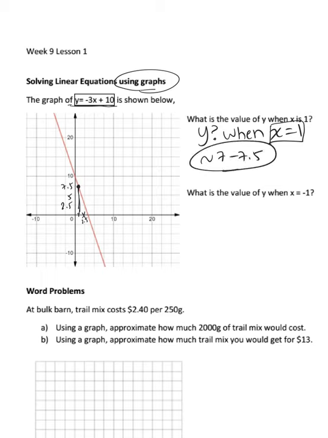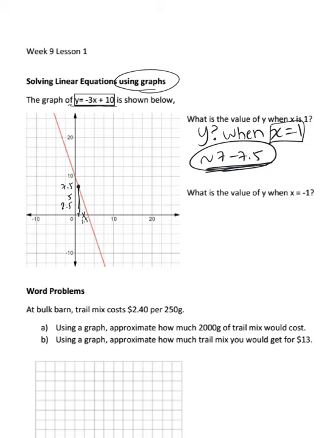Okay, depending on the graph that you have in front of you, sometimes you need to estimate the values, or sometimes it might be easy to see which value it falls on right away. Okay, so for us to figure out what the value of y is when x is 1, we go to when x is equal to 1 and read the value of y over here.